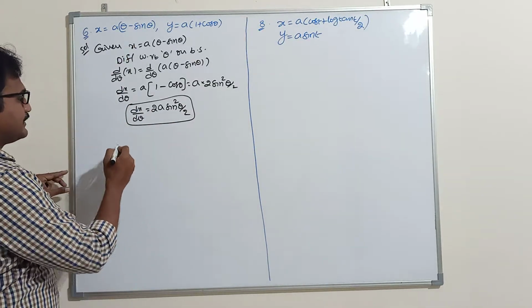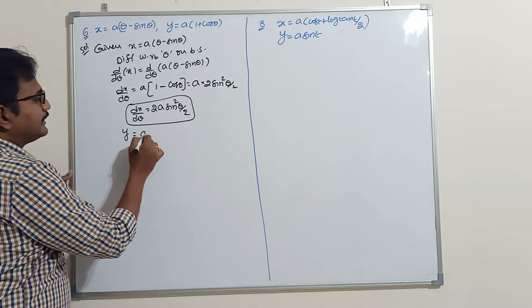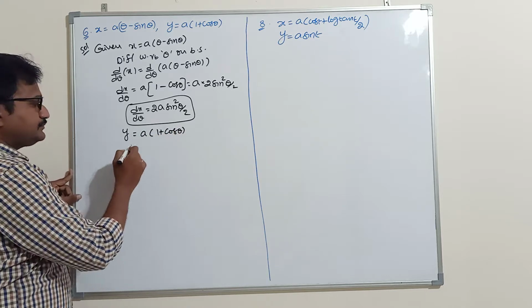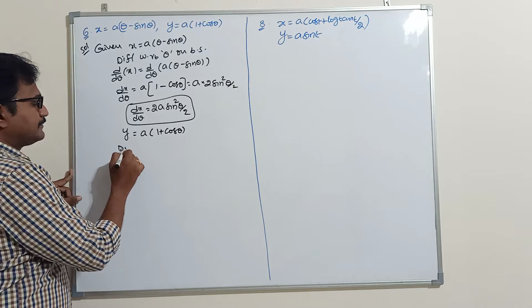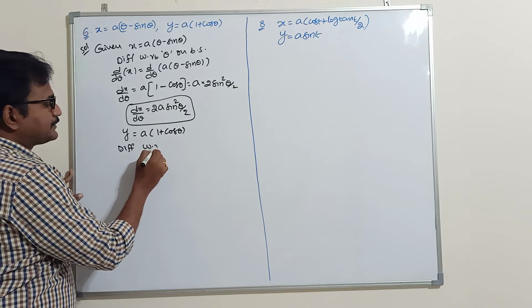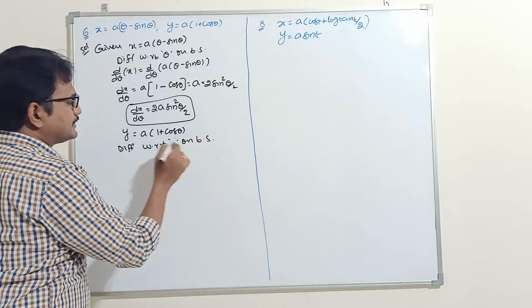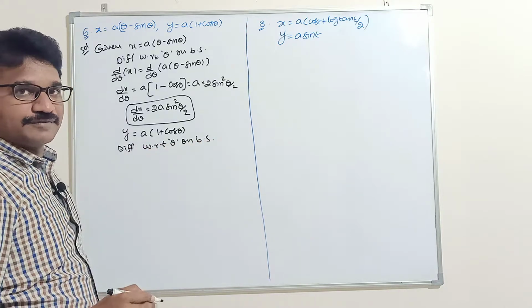Next, what is given for y? y is equal to a into 1 plus cos theta. The equation y is given in the form of parameter theta.